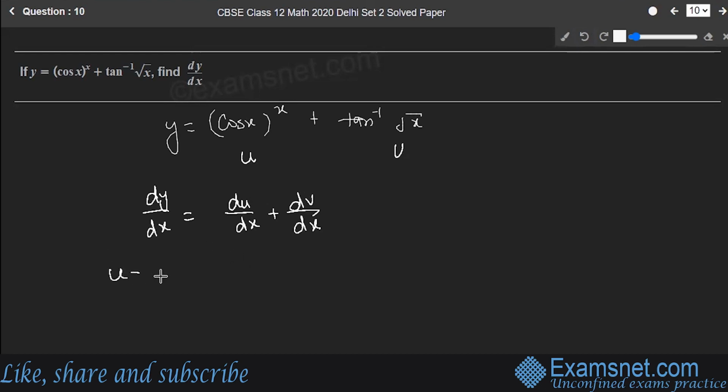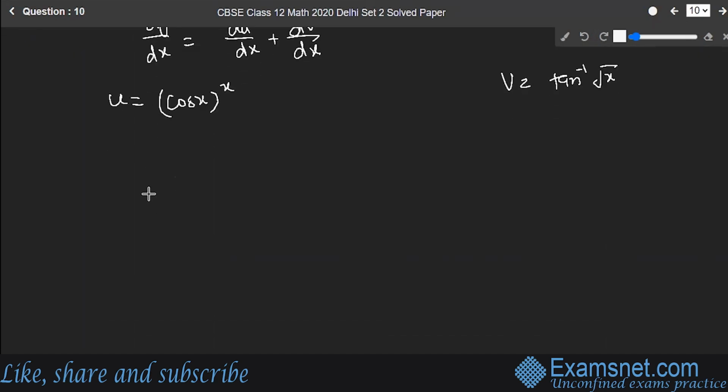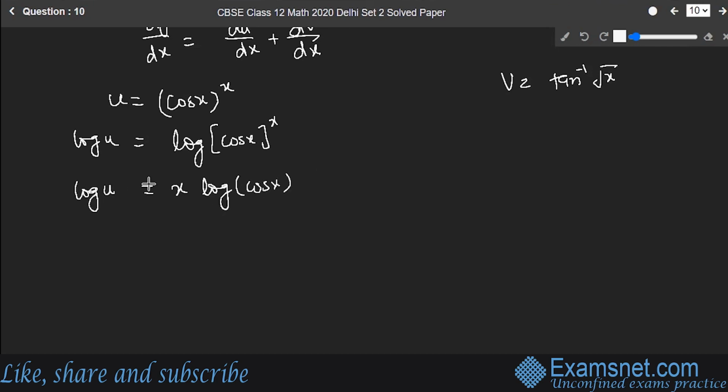I'll solve u is equal to cos x raised to power x and v is equal to tan inverse of root x. Taking log on both sides, you have log u is equal to log of cos x raised to power x, which will give you x log of cos x. This is equal to log of u.